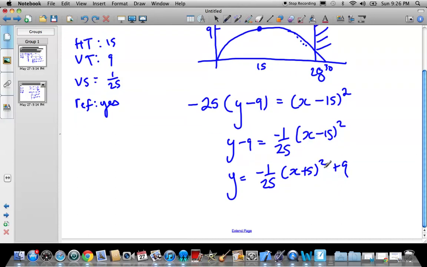Now I'm going to sub in that 28 right there. It's minus 15. Minus 15. Right there. So now I'm just going to put 28 in there, which is the distance the wall is away from the starting point.